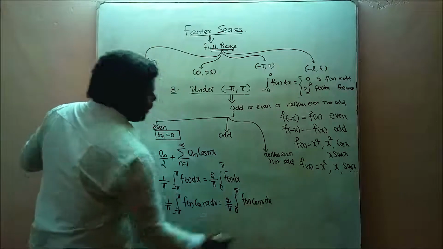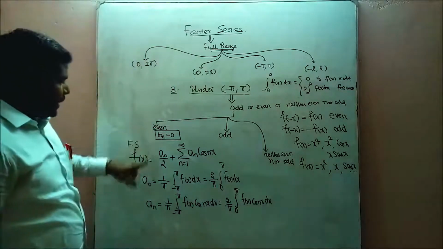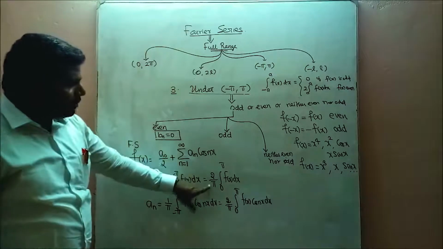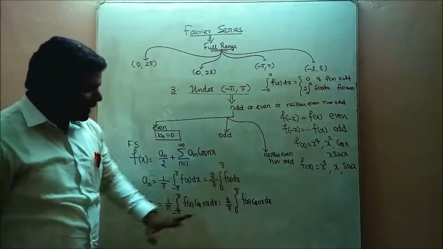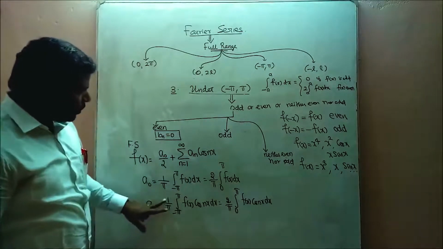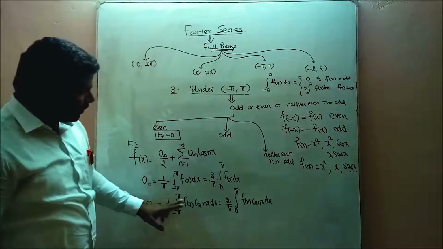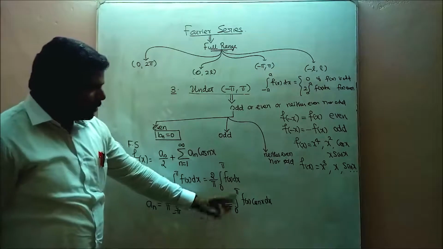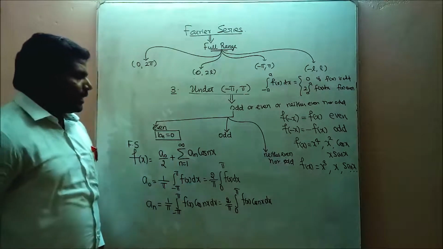So இப்போ even functionக்கு Fourier series இந்த மாதிரி வந்துரும். a0 value 2 by pi 0 to pi f of x dx, and an is equal to 2 by pi 0 to pi f of x cos nx into dx எழுதலாம்.